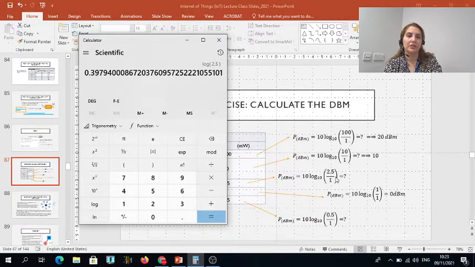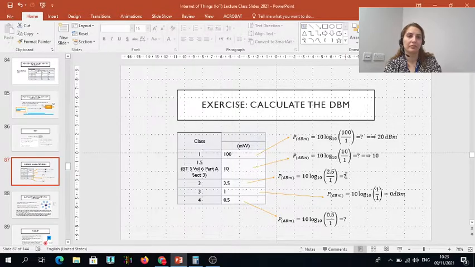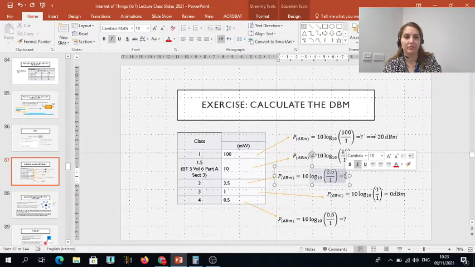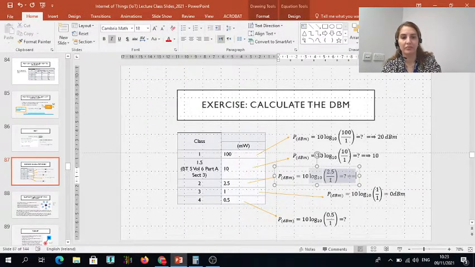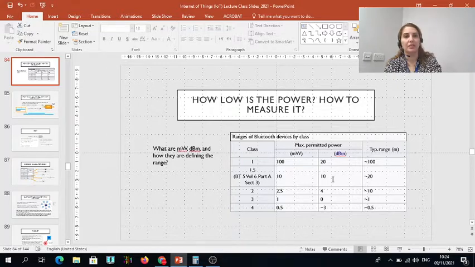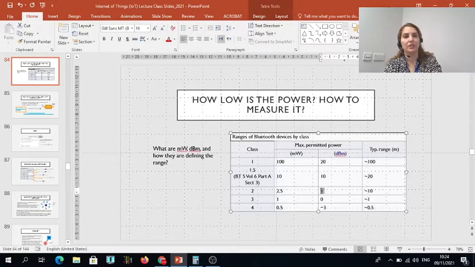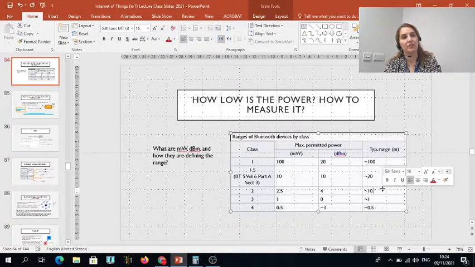Now that can be multiplied by 10. Let's go back here, and you can see that we have 4 dBm here, which is relevant to about 10 meter range.